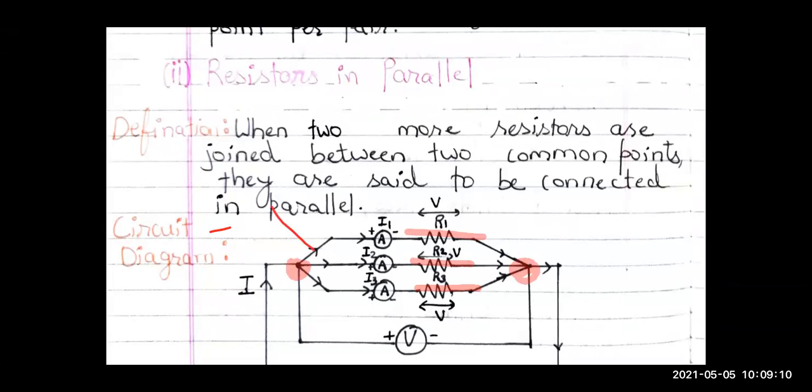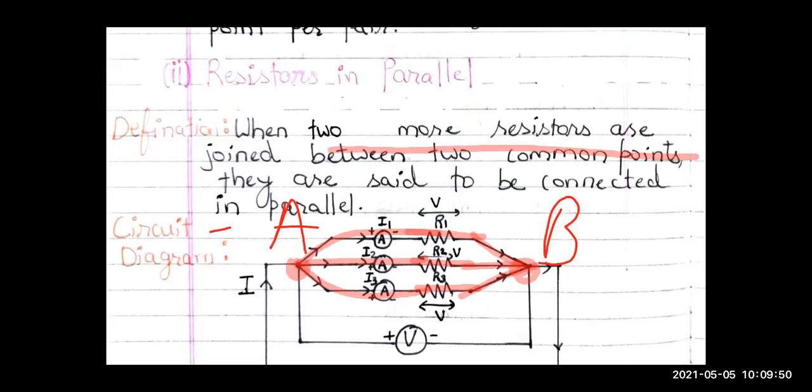Let me call the common points X and Y, or A and B. You can see all the three resistors are connected, with one end connected to point A and the other end connected to point B. So all the resistors are joined between two common points, right? So here the main point is between two common points. When two or more resistors are joined between two common points, they are said to be connected in parallel.